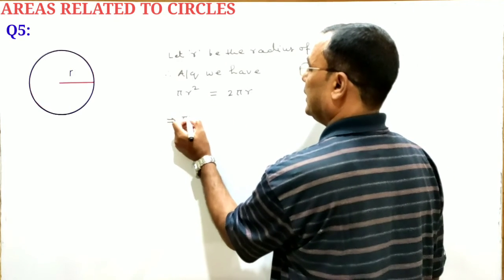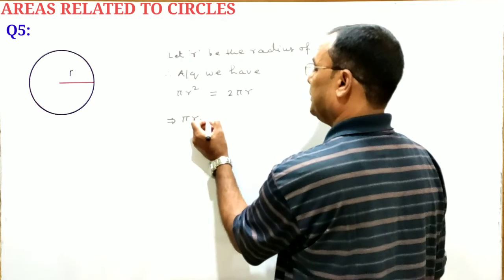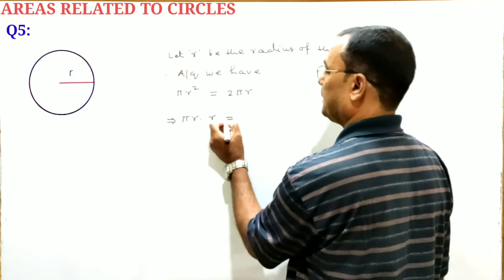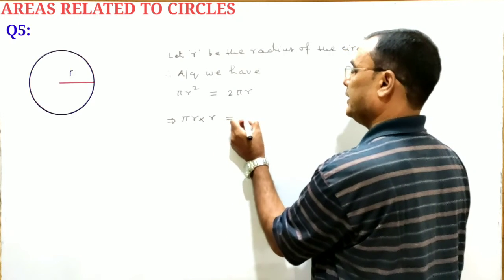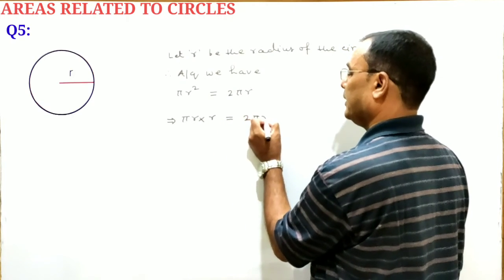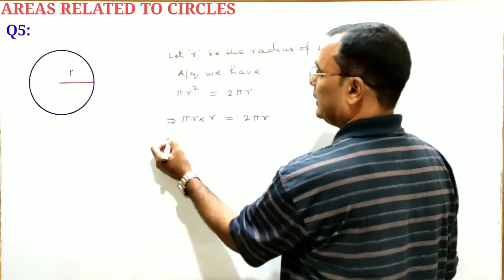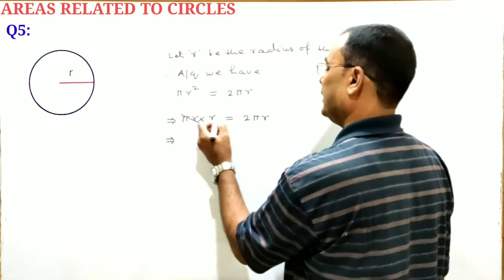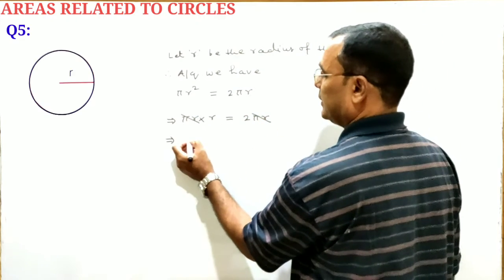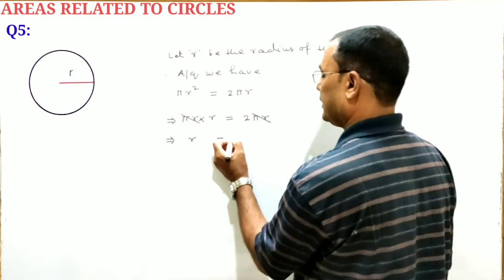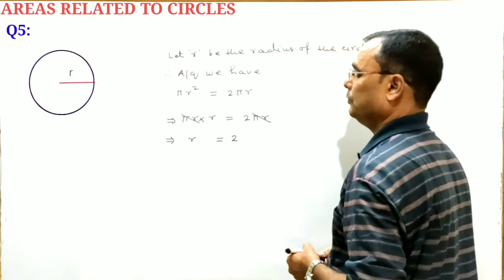So this pi r square we can write pi r into r. Pi r into r and right side 2 pi r. Now we can easily cancel pi r from both sides and we have r is equal to 2.